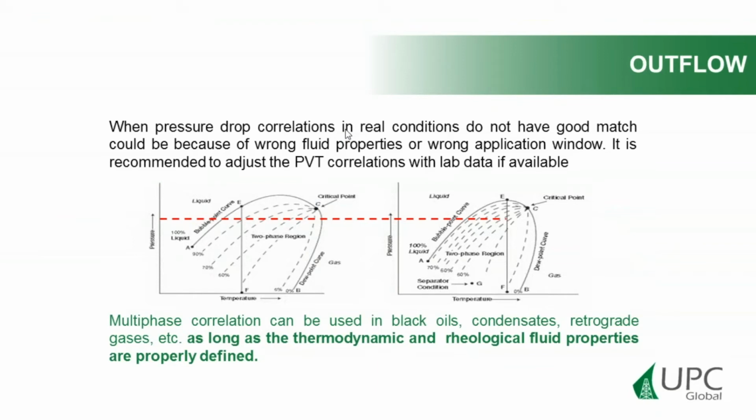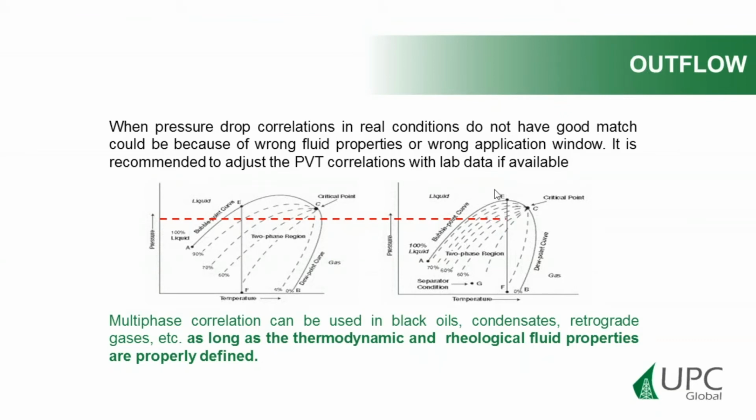Usually when people are trying to match a well using whatever software is on the market, they always try to match the bottom hole pressure without first matching the PVT correlation. When you are using the wrong PVT correlation, then for a given pressure, for example with the PVT on the left side, the predicted liquid is 90% for this temperature.